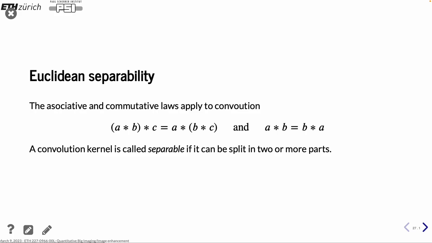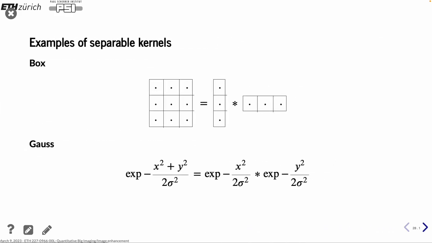There are a couple of kernels that you can split up like this. Looking at the box, you can split it into two kernels. So if you have a 3 by 3, you can split it into a 1 by 3 and a 3 by 1, and apply those two in sequence. The Gauss filter can, in the same way, be split up into one component in the x direction and one component in the y direction.